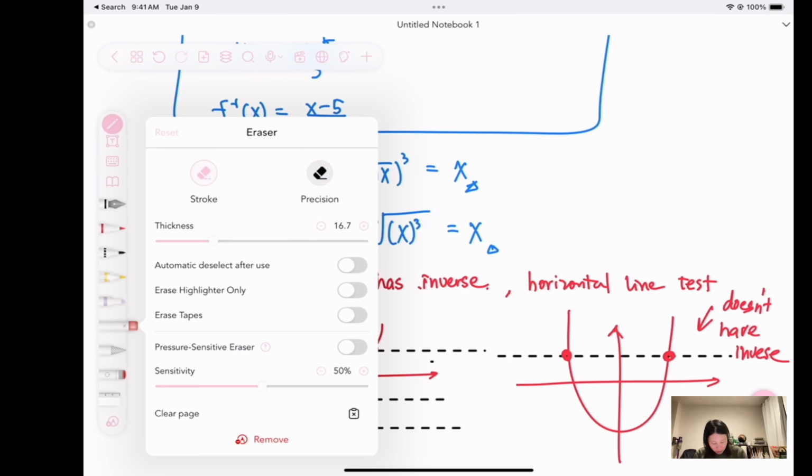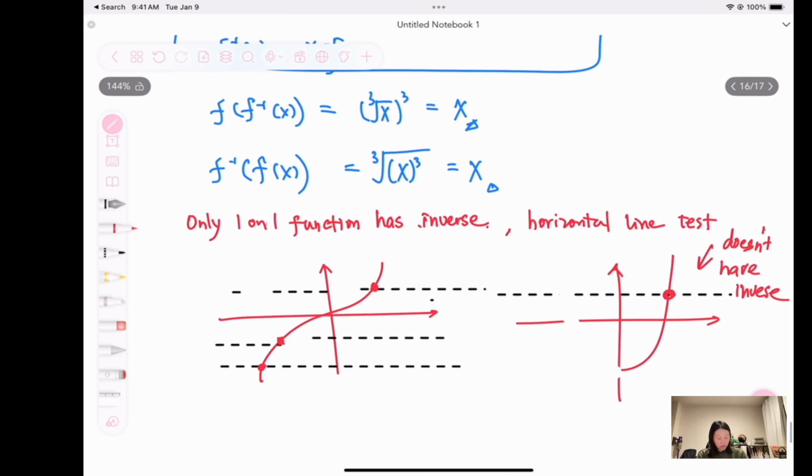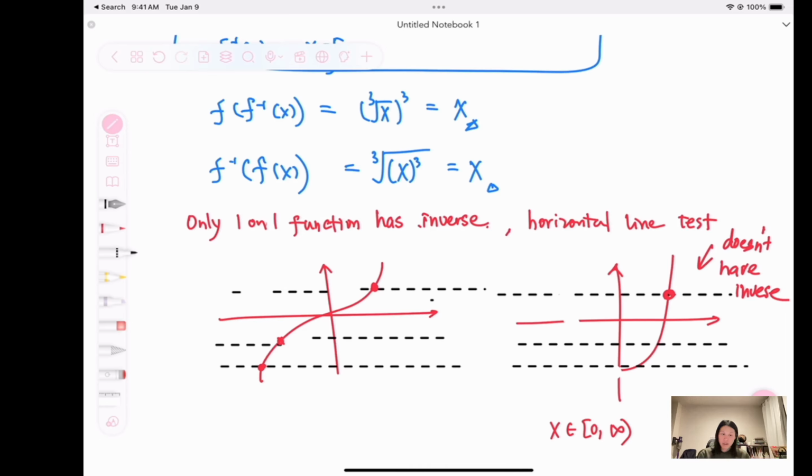Well, what does that mean? We restrict the domain. That means instead of the whole function, we only keep a certain part. If I restrict the domain of x from 0 to infinity, then this is going to be a one-to-one function. Why? Because it passes the horizontal line test.